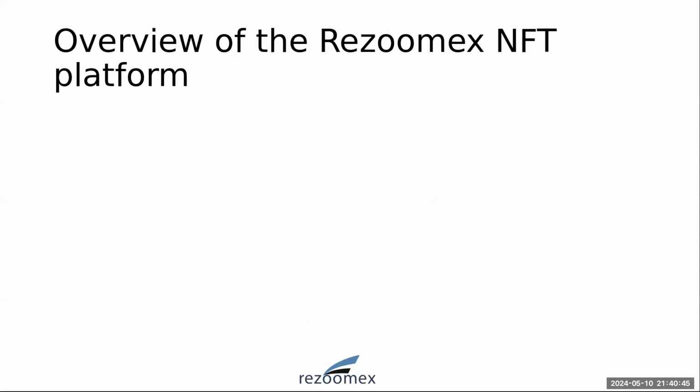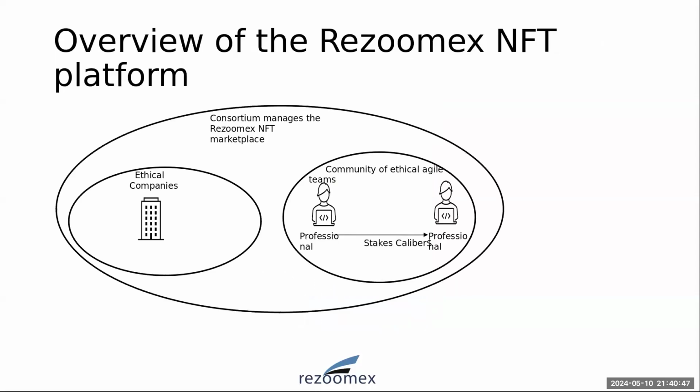This diagram shows the platform architecture at a high level. There are companies, there are consultants, and there is a consortium. I'll explain this a little bit in the next part also, where we talk about the blockchain architecture of our platform.